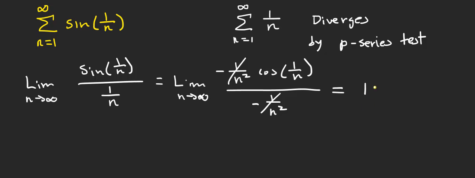And this is a positive finite number. And since we know that this series diverged, this series also diverges. So this series diverges by the limit comparison test. Again, note that the limit comparison test fails when you go through the limit process and you get 0, infinity, or undefined.